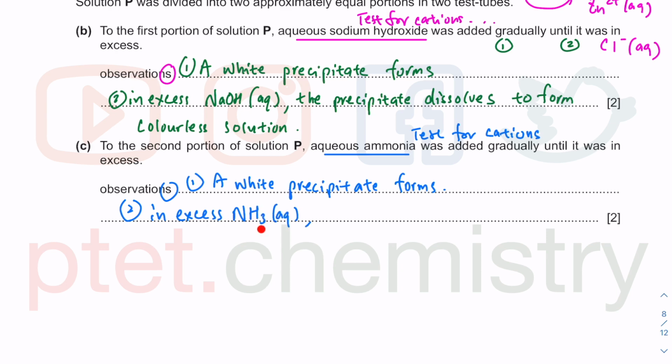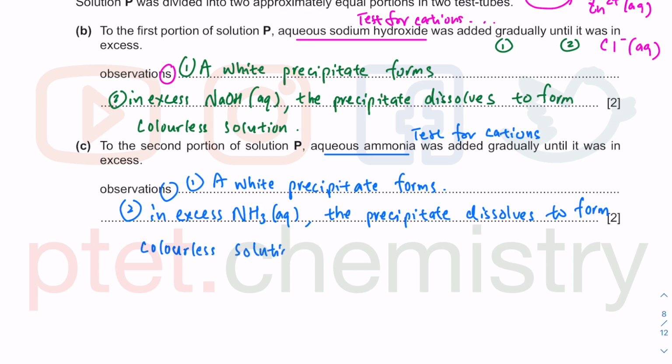So this is NH3 aqueous. This means aqueous ammonia. In excess of this solution, the precipitate will also dissolve, because this is to do with the zinc ions, Zn2 plus ions. So zinc hydroxide will dissolve in excess ammonia, and you will get a colorless solution also.